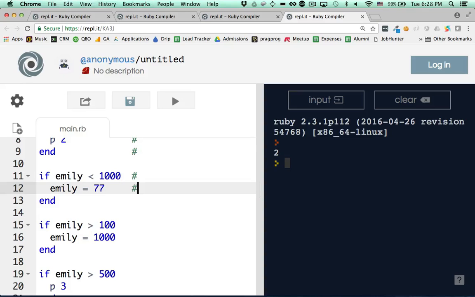That means we'll process the next line, line 12. And here we're overriding Emily. Right? Emily is no longer 500 going forward. Emily, henceforth, is 77. So we'll keep that in our heads. Or maybe I'll put it down. Emily is 77. Okay.